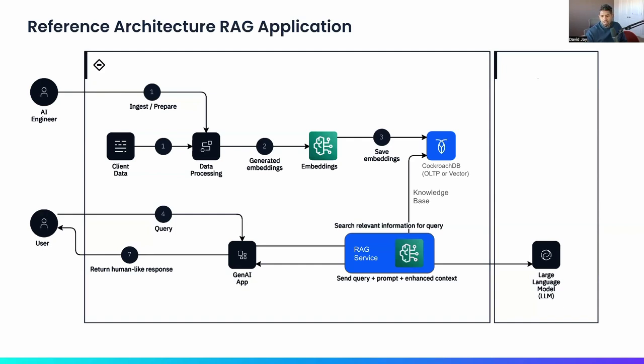Then we also have to make sure that the RAG application, the retriever agent, is able to use AWS Bedrock and talk to CockroachDB as well as a large language model, and then retrieve everything back for a contextual question that a user might be asking.